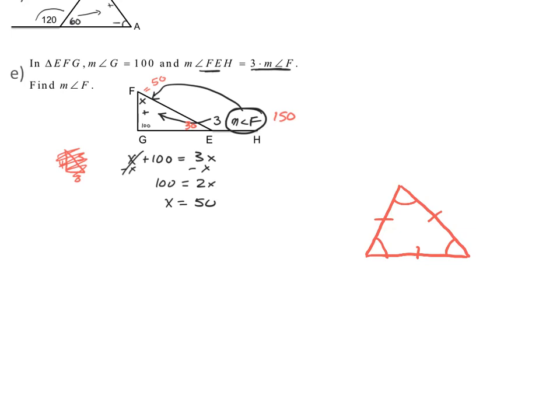Every single time, 100% of the time, it will happen. It will also be true the opposite way: if you see an equilateral triangle, 1, 2, 3, it will also be equiangular. So it works both ways. If you see an equiangular triangle, it is equilateral. If you see an equilateral triangle, it is also equiangular.